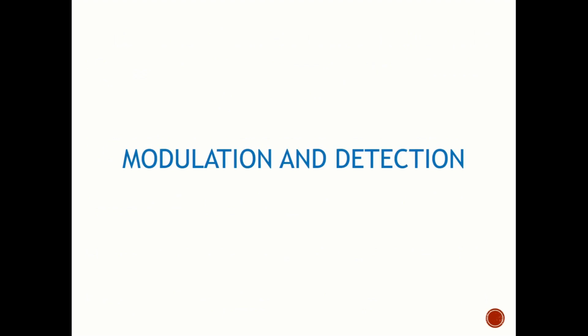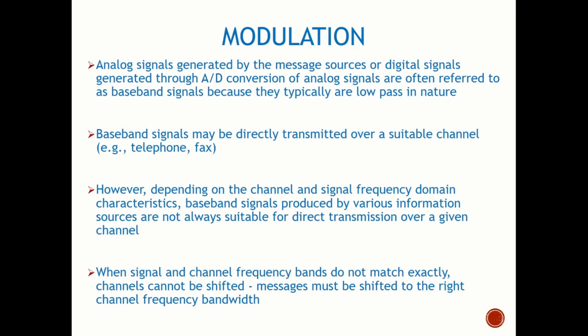The next thing is modulation and detection. Modulation is an important technique related to communication. Why do we need modulation? First of all, as we know, we perform analog to digital conversion to get digital signals. In analog communication, the message signal is our voice signal.